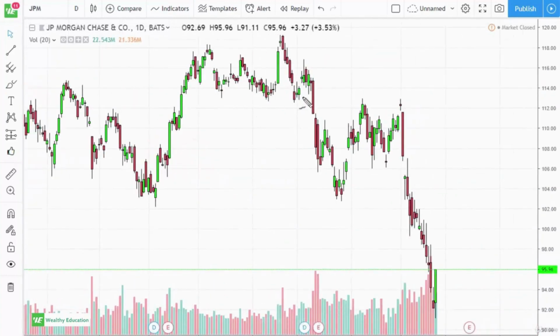When you see a cluster here and then a sudden flush, that's a very negative sign. Look at how negative this candlestick is in comparison to this range. I mean, we wiped out that entire range in one candlestick. So keep that in mind. That really shows conviction. That shows a lot of money coming into the market.